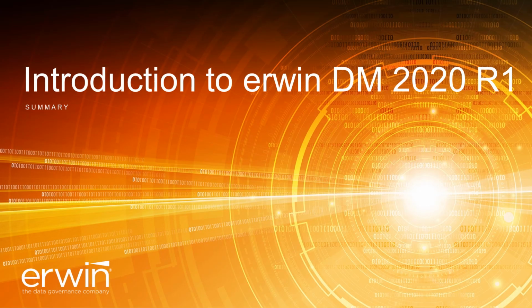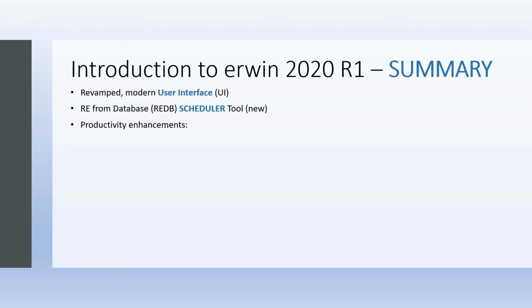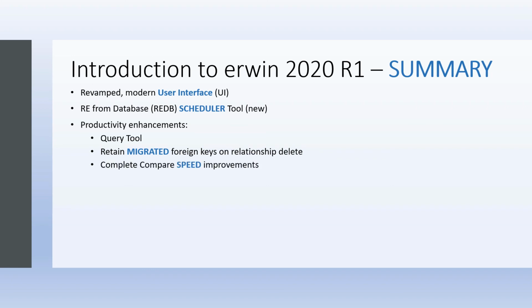Okay, let's take a moment to summarize. In this release, we have revamped to a modern user interface and added reverse engineering from database scheduler tool. The productivity enhancements we've added are the Query Tool, retain migrated foreign keys on relationship delete, Complete Compare speed improvements, separate logical and physical Supertype-Subtype transformations, and Mart and model object counts.